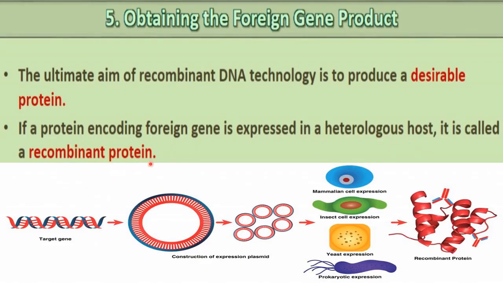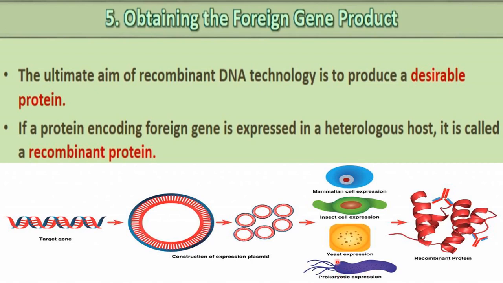So if any foreign gene is expressed in a heterologous host, that protein is called recombinant protein, right? Here you can see how this recombinant protein is formed. Like this is the target gene. Okay, because for an expression plasmid, the target gene has been introduced in a plasmid. So recombinant plasmids have been formed here, and when these plasmids express, like here mammalian cell expression, insect cell expression, yeast expression, prokaryotic expression in any cell, what is the meaning of expression?